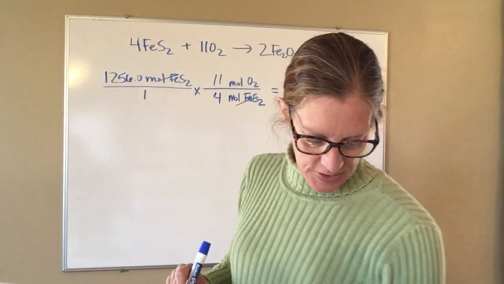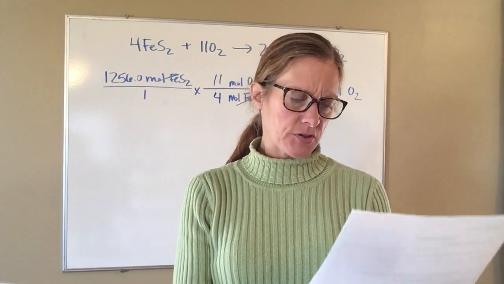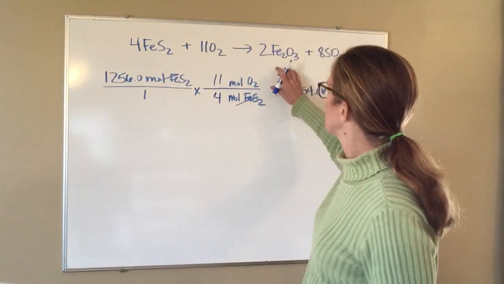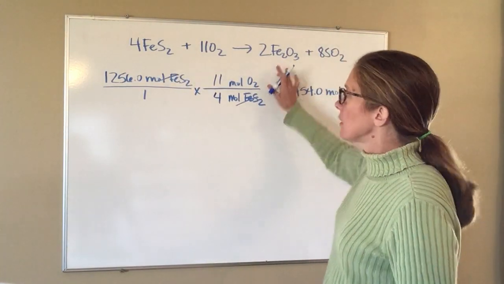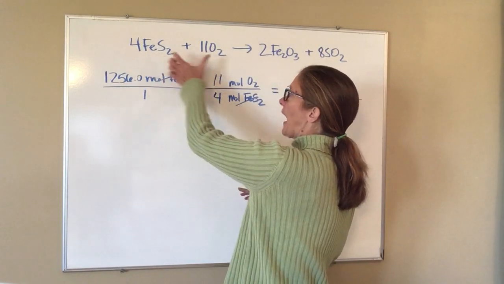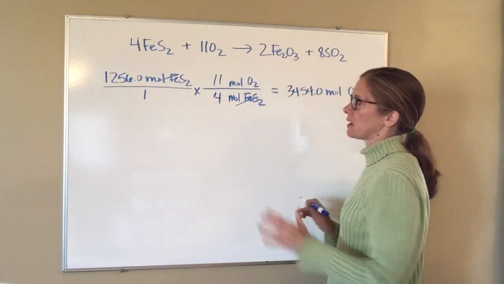Let's look at the second part of the problem. How many moles of iron oxide, the Fe2O3, will be made? Well, here you can see that in the previous problem I related the reactants to each other, but I can also relate the reactants to the products.